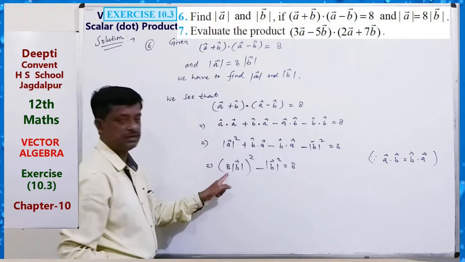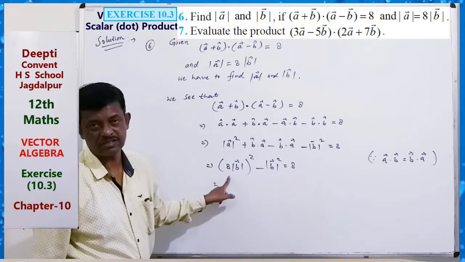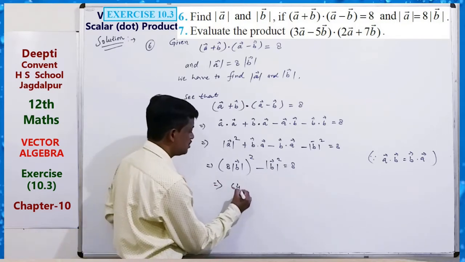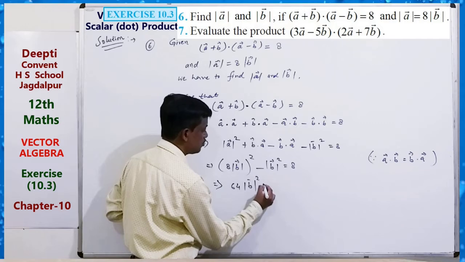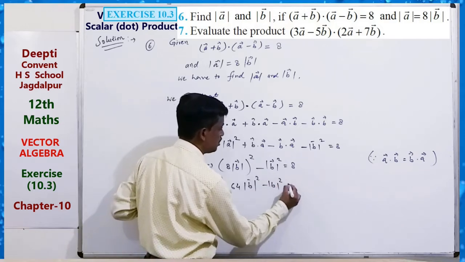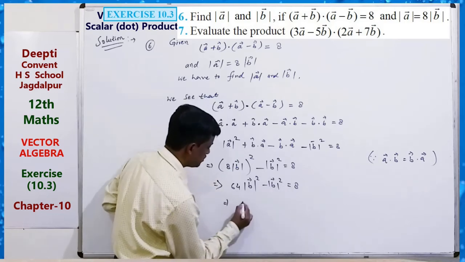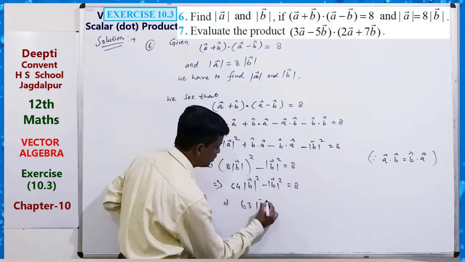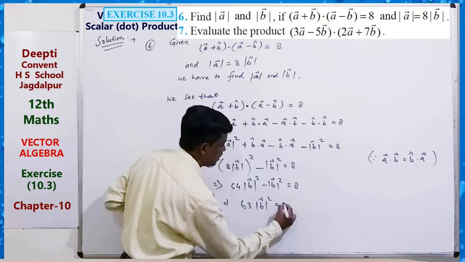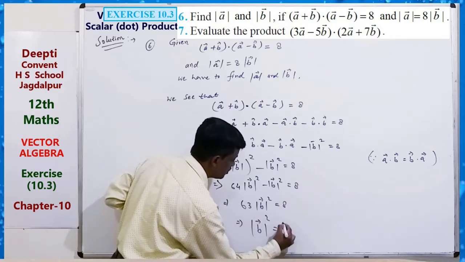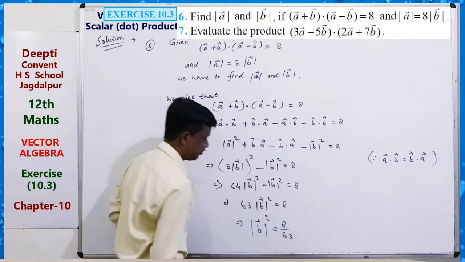Here 8 into 8, that is square, 64 mod B square minus mod B square equals 8. So here we see that 63 mod B square equals 8. So this implies mod B square equals 8 by 63.